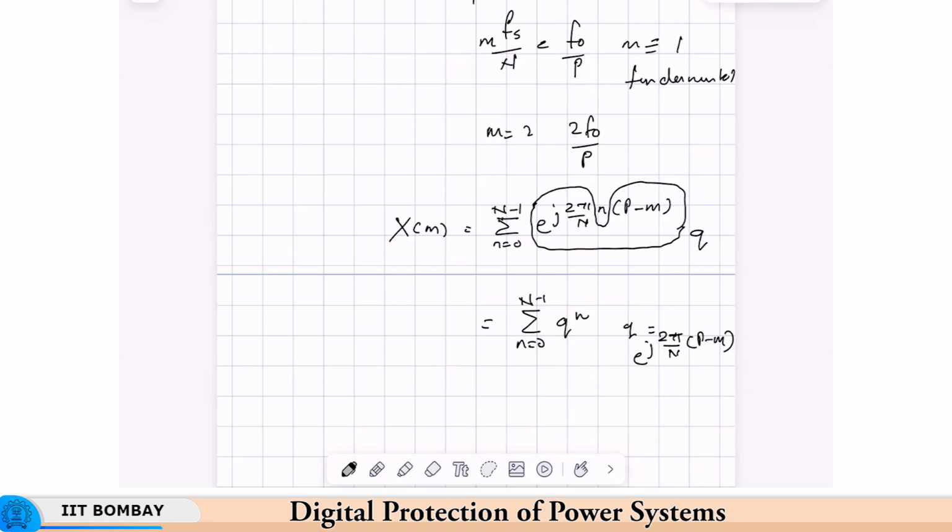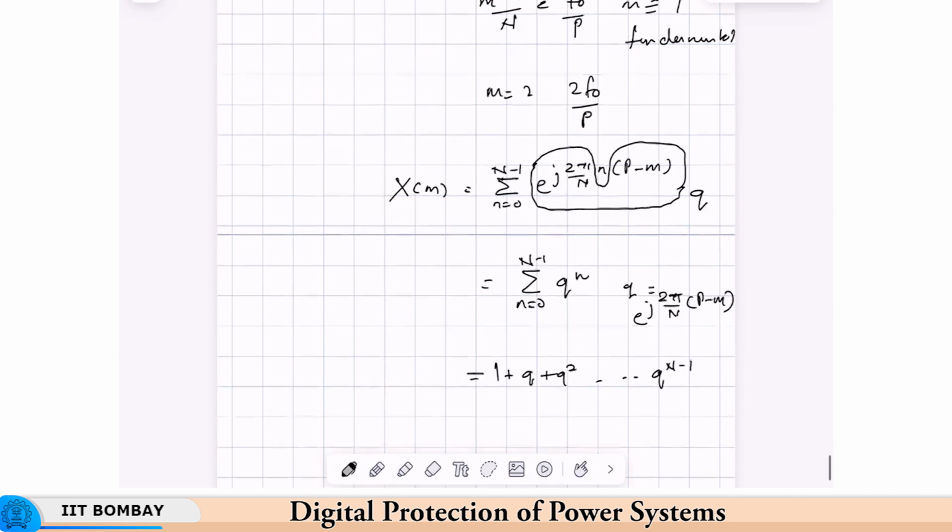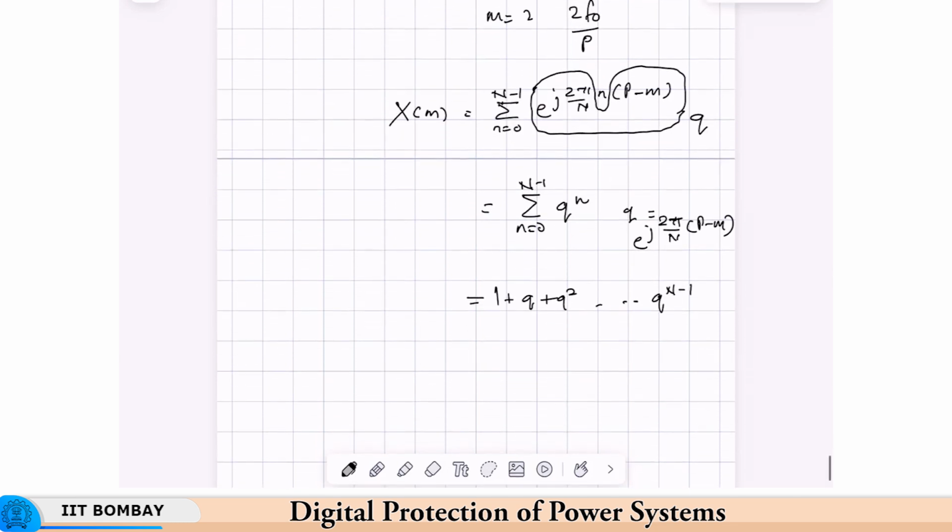And this of course is a geometric series 1, q, q squared to q raised to N minus 1. Now, what is the summation of this series? The series can be written as a into 1 minus r raised to N upon 1 minus r. A in this case is 1, r is q. So, we have 1 minus q raised to N upon 1 minus q. Is that correct?